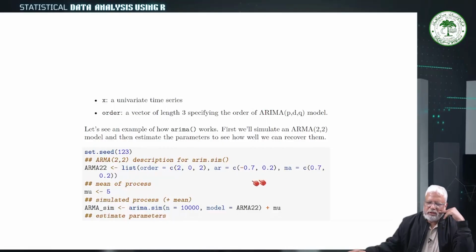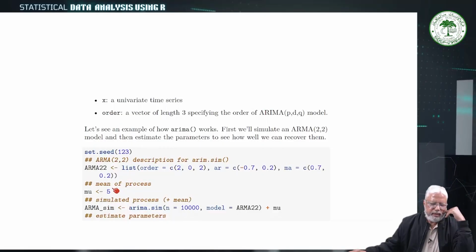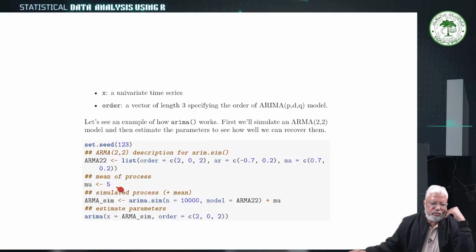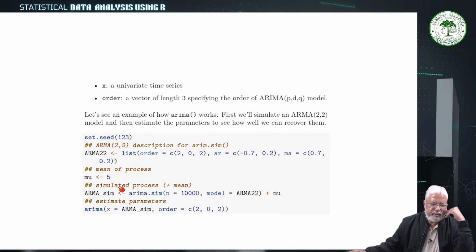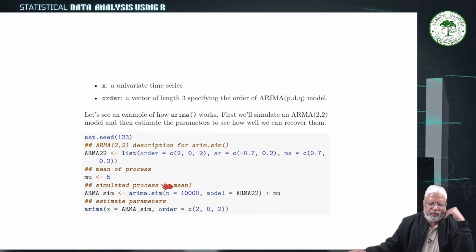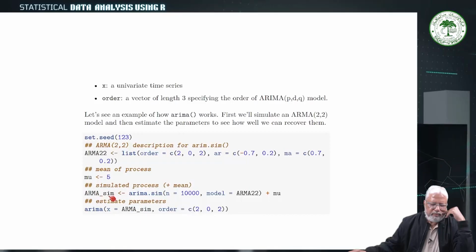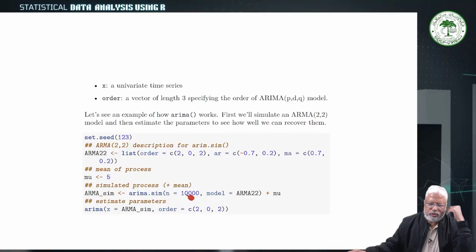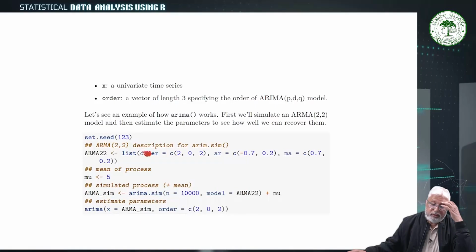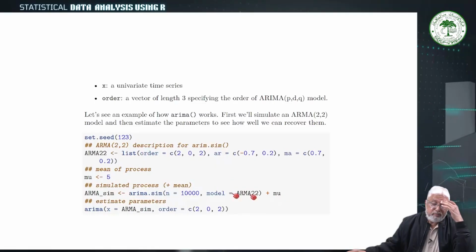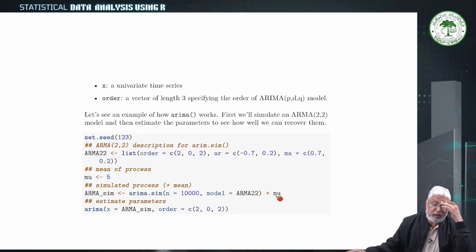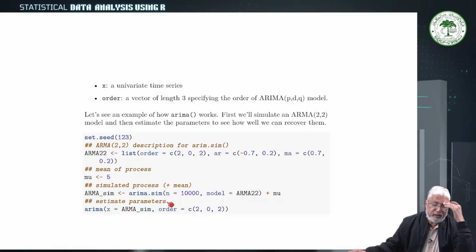This one is larger and this one is smaller. The mean of the process, mu, is equal to 5. Simulated process: arima.sim with n equal to 10,000, the model as given, plus mu. So, mu is also being added in this.